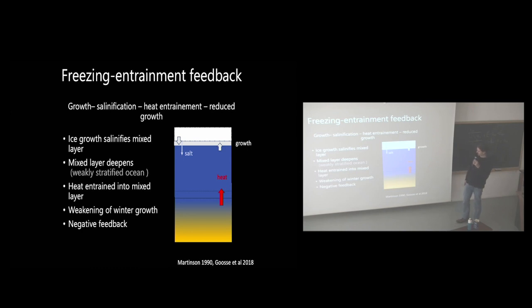And basically, in the Arctic you have a stratified ocean that doesn't respond much to any change in salt input. Whereas in the Southern Ocean, your subsurface ocean is weakly stratified.